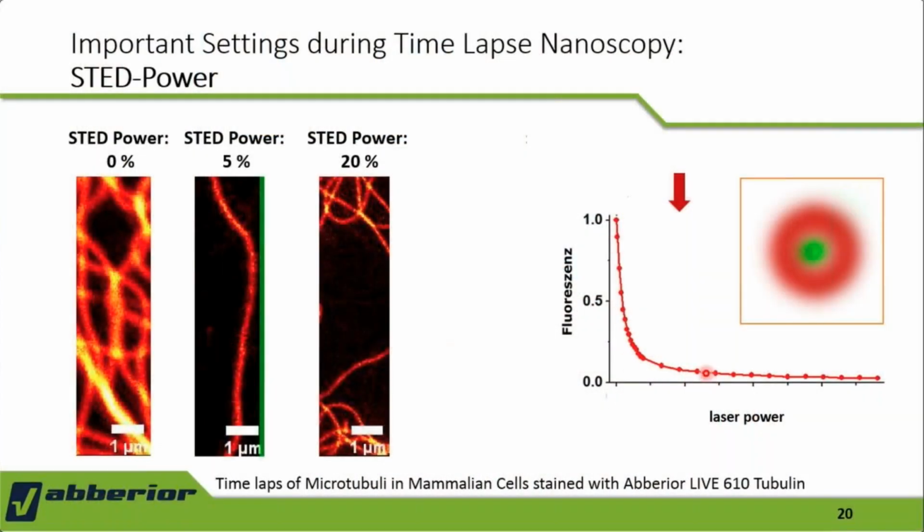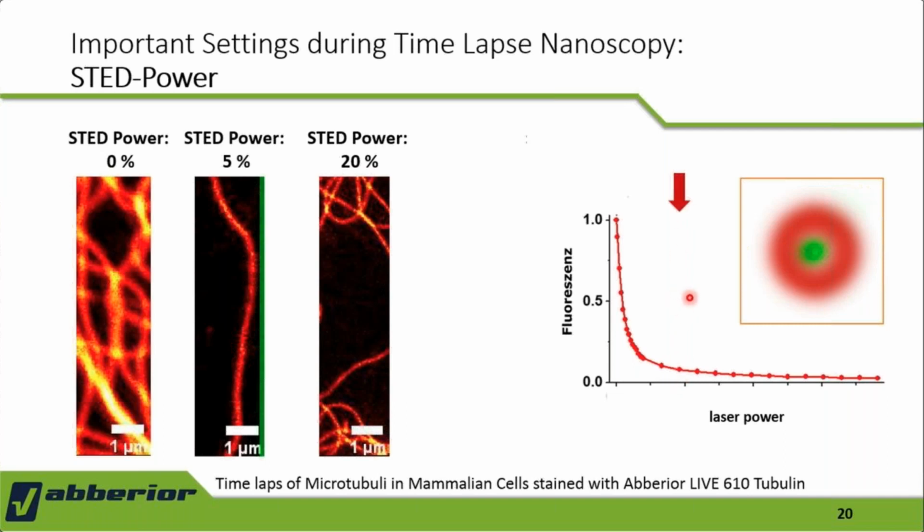Keep in mind that increasing the STED power does not mean that your resolution will increase linearly. You see this in this curve here. So with 20%, we have already mostly reached the best resolution we can.